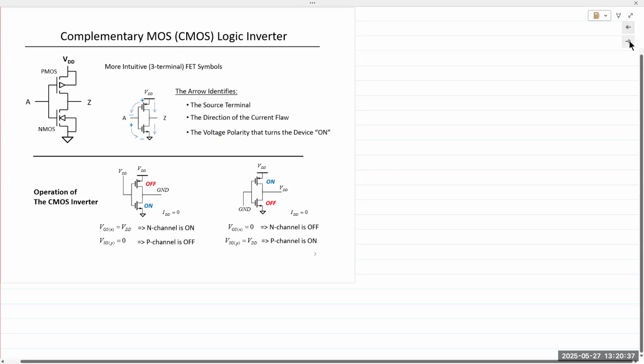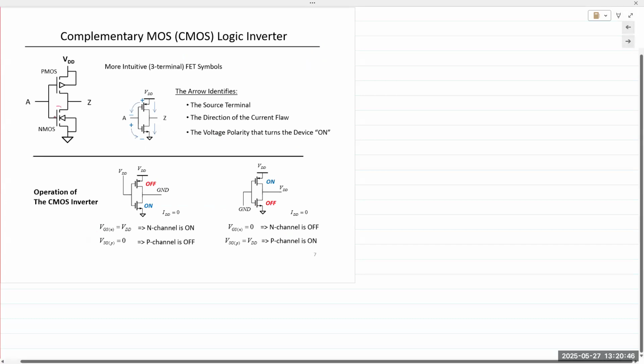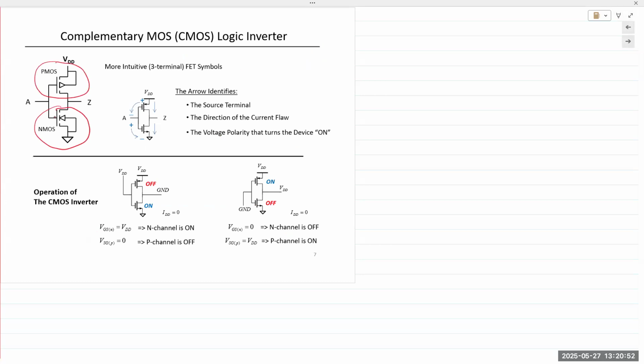Okay, so then let's put it together. We had the switches. Instead of the switches, now we insert our transistors. So we have the NMOS transistor here, and we have the PMOS transistor in place of the pull-up resistor, right? The logic behind this is that a resistor does not have an on or off switch.